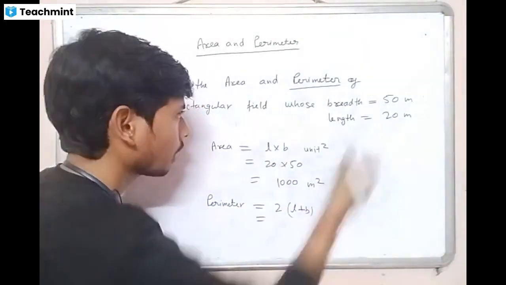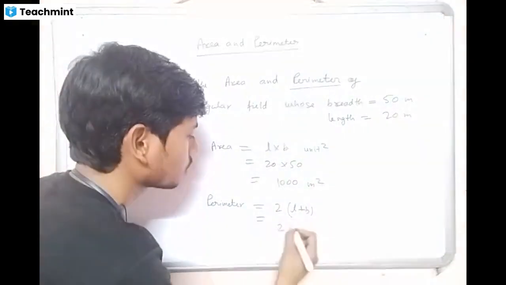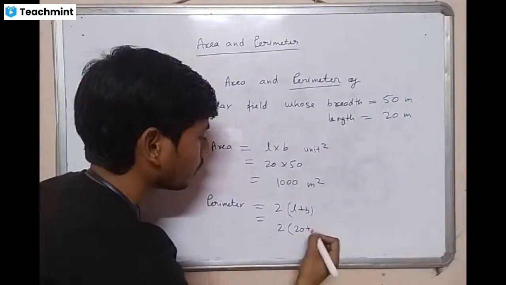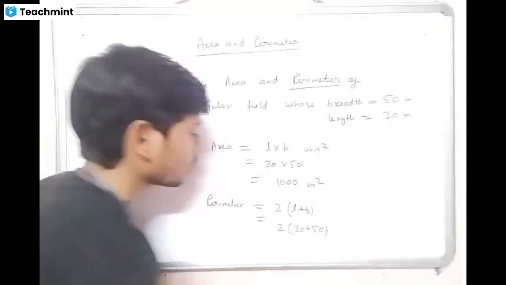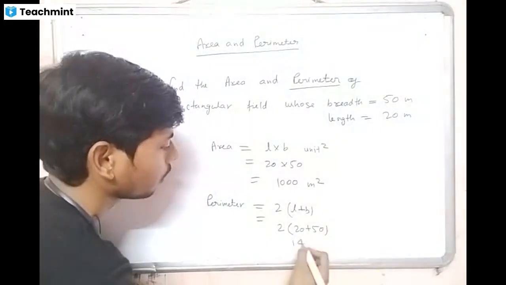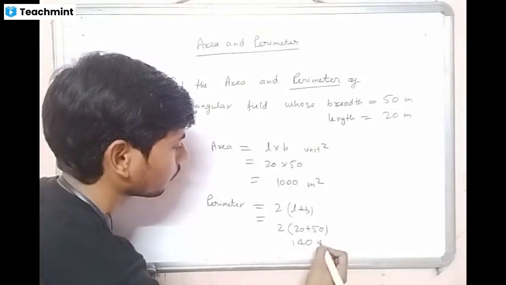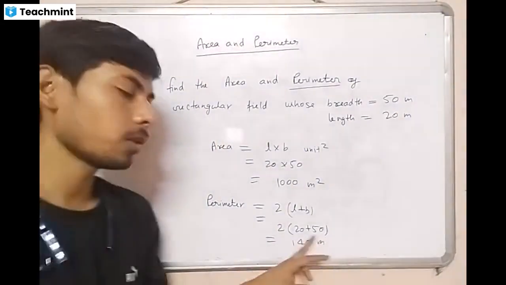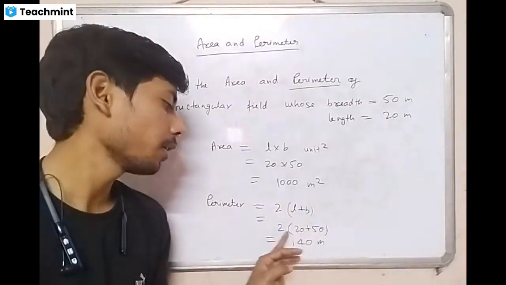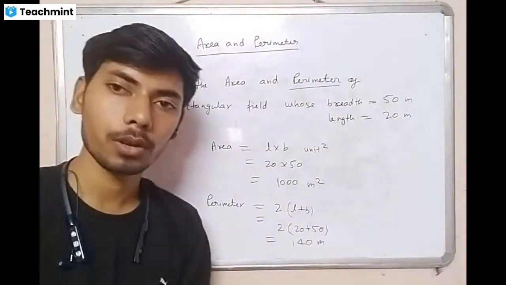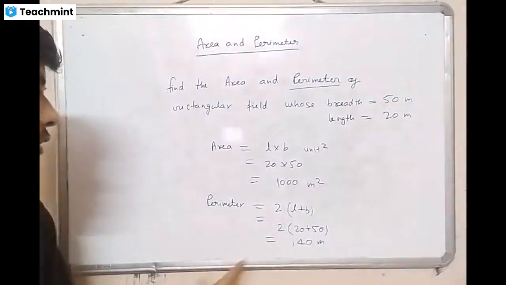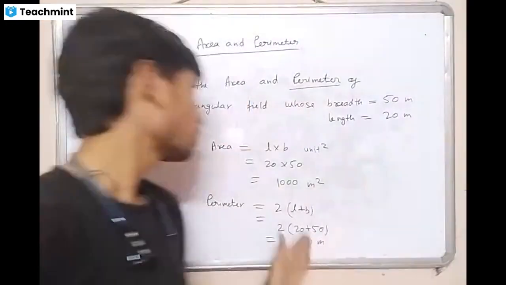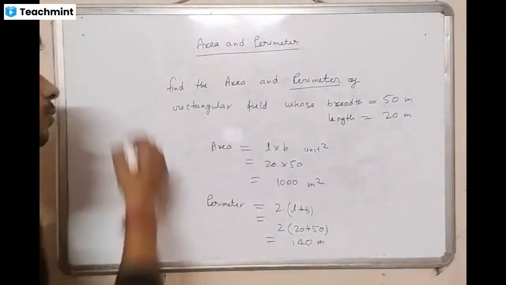You can put the values of length and breadth: 2 into (20 plus 50), which is equal to 140 meters. When you solve it, you will get 140. 50 plus 20 is equal to 70, and 70 into 2 is equal to 140. So this is your answer to this question.